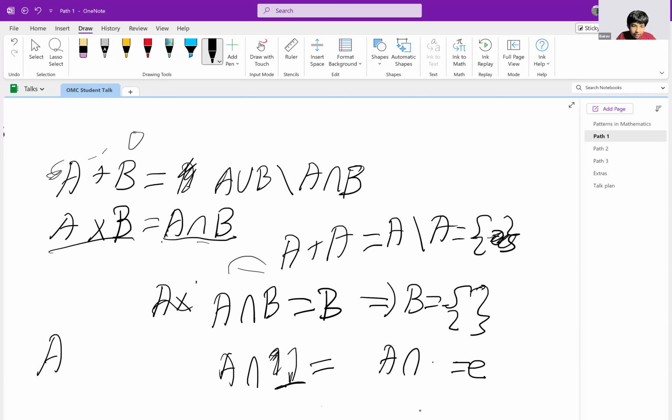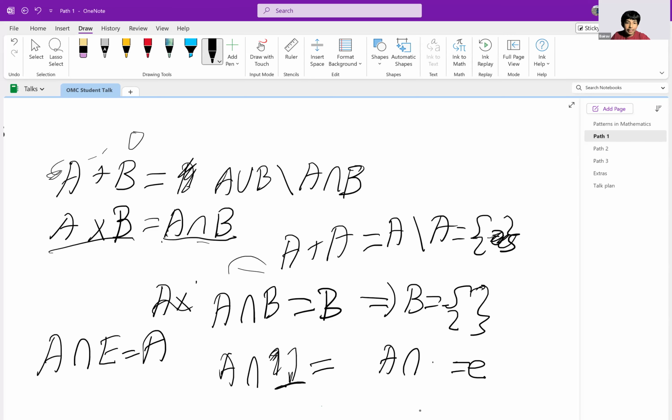If A intersection E is equal to A for every set A, then this set would have all the elements. So it might not be considered a set. That's something for you to think about.